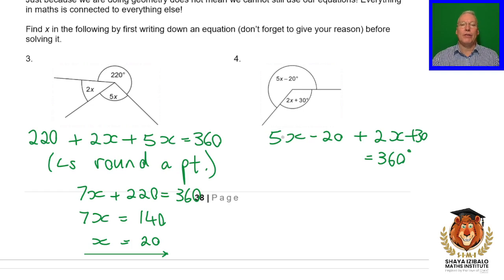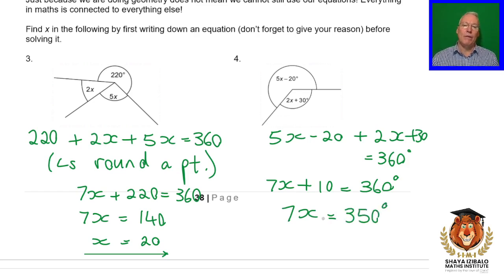Let's collect our like terms. 5x and 2x is 7x, and we've got plus 10 minus 20 plus 30 plus 10, that equals 360 degrees. Now we want to solve this equation. Remember the idea of a set of scales. We want to balance this. So let's subtract 10 from both sides, and we get 7x equals 350 degrees.